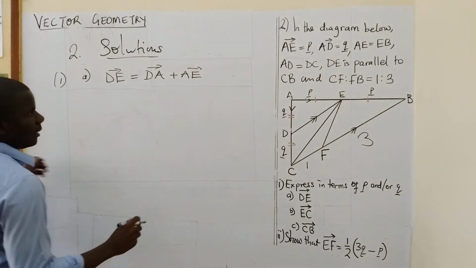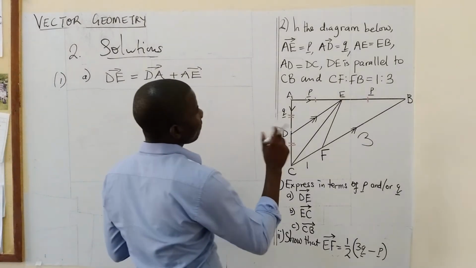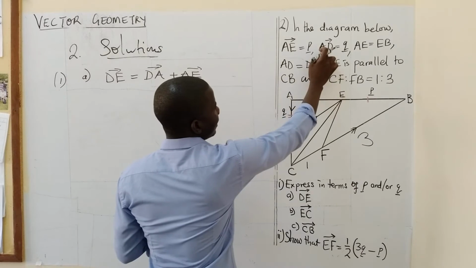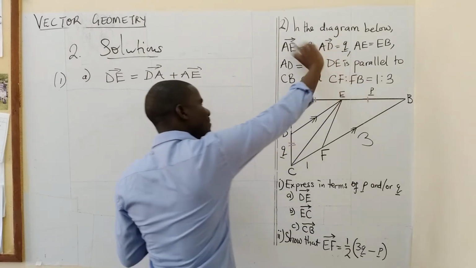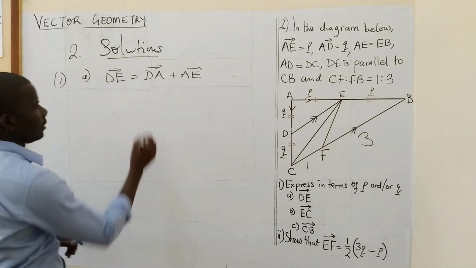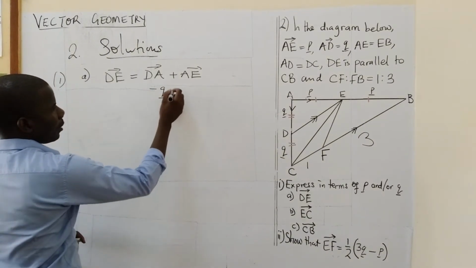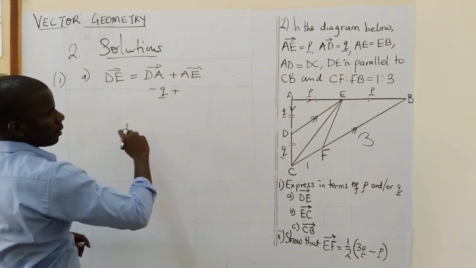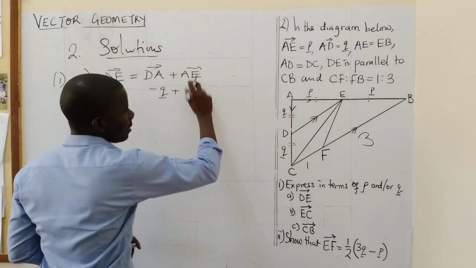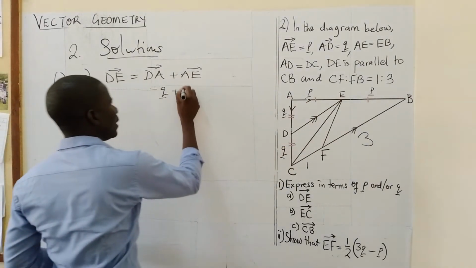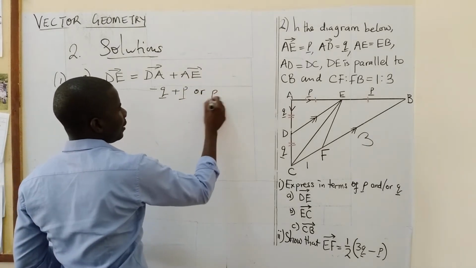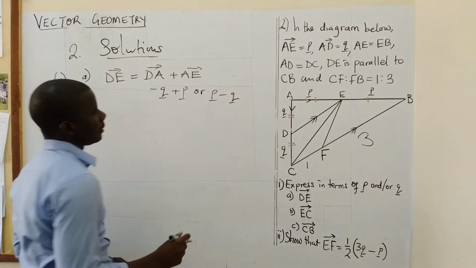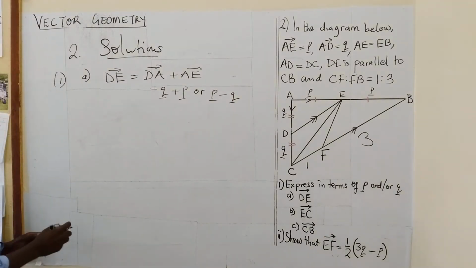What is our DA here? We are given AD, it is equal to Q, so when we have the reverse, it's going to be negative. So this is minus Q plus AE. What is our AE? It's given here as P. So we can write this as P minus Q. That is the first one.